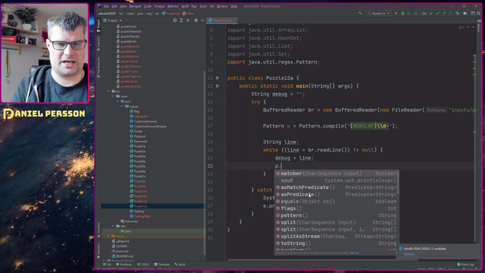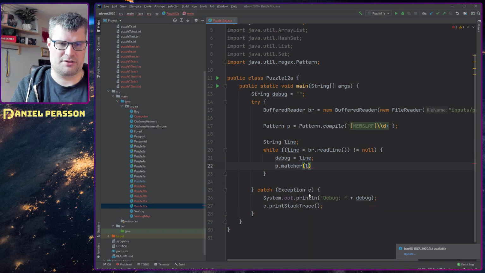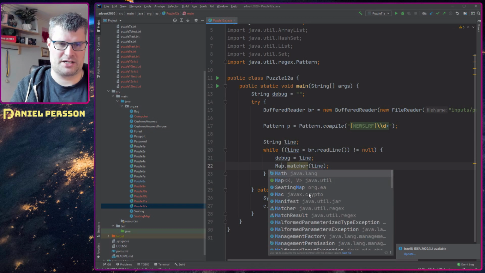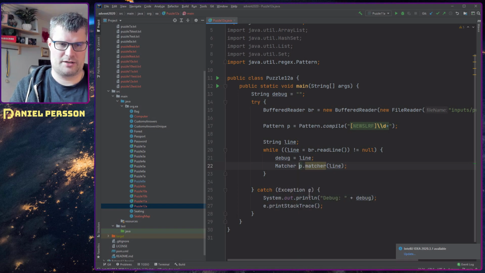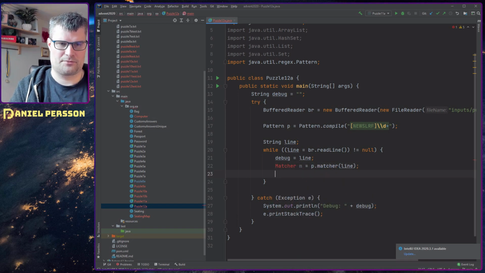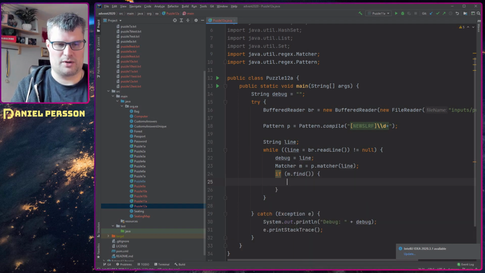And if we take this pattern and we do a matcher on the line, and we get a matcher back, then when that matcher finds something, we will run a function.